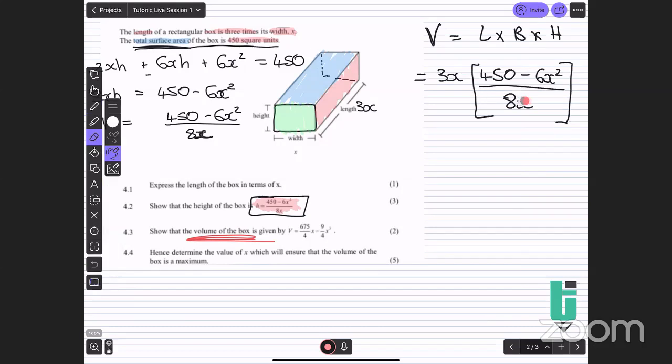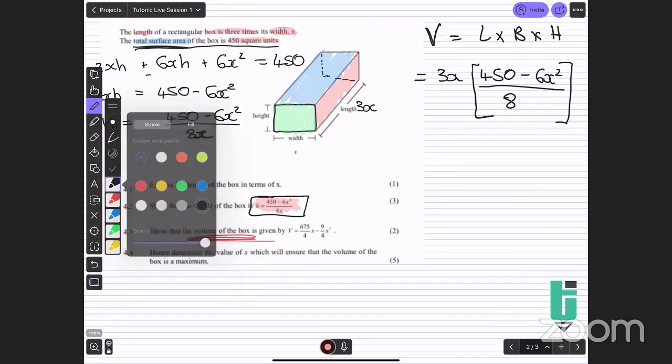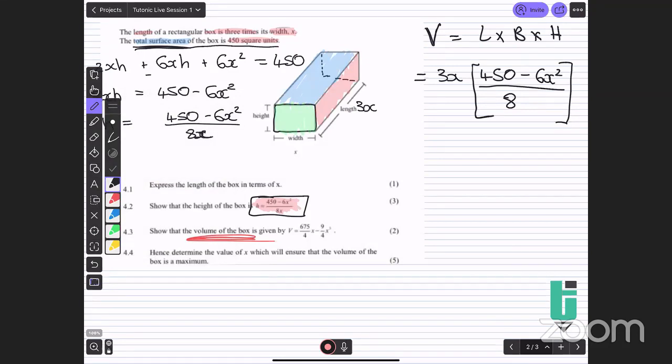So what's 3 times 450? 1,350. What did we cancel? The x, with the bottom x. There, 3x was an x squared. Okay, sorry. 3 times 450, 1,350 divided by 8, I assume, is 675 over 4.